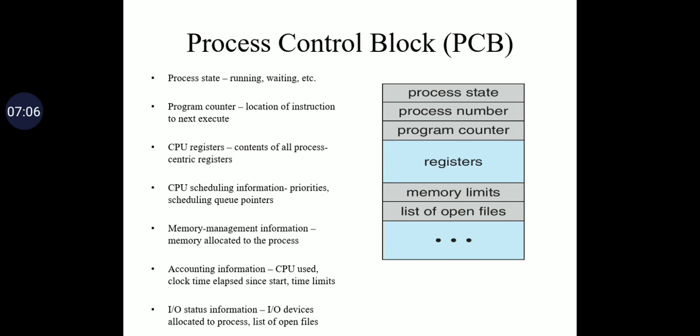Then IO status information, what IO devices are held by this process, and what files are being used or held by this process. All this information will be stored in the PCB for each and every process. Once the process completes and leaves the system, this PCB will be deleted. This PCB is usually stored in the memory.